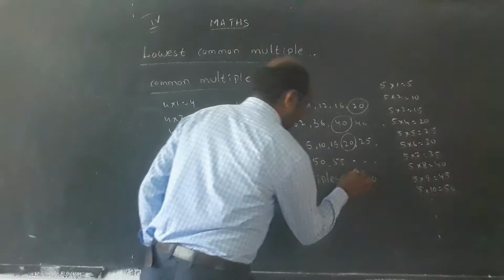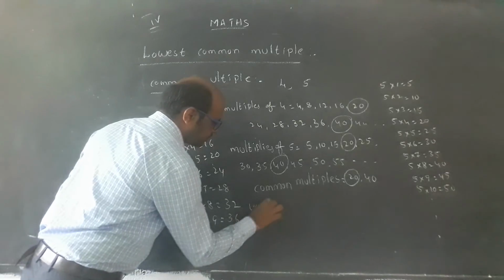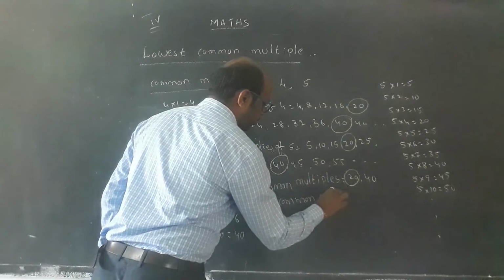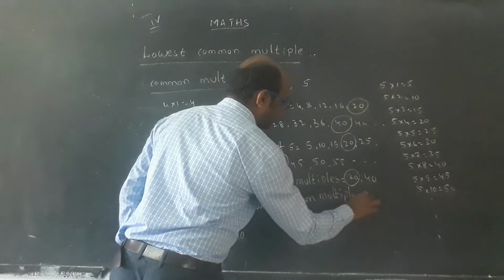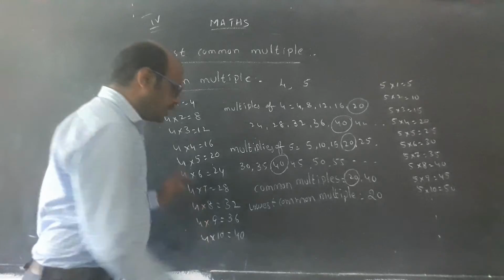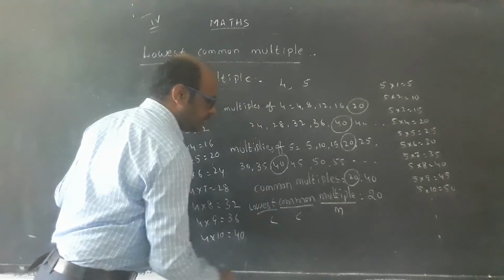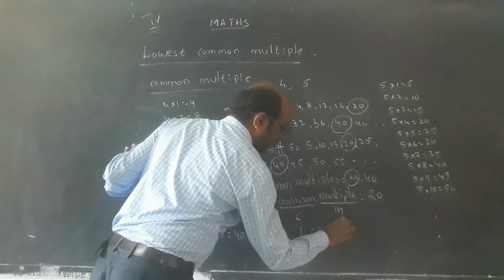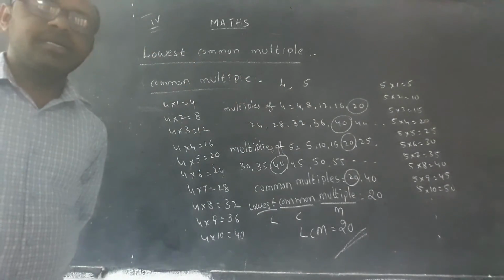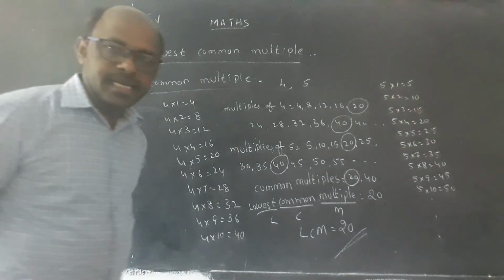It is 20. So the lowest common multiple is 20. See, lowest means L, common means C, multiple means M: L, C, M. LCM is 20. This is the way we find the lowest common multiple. Okay, children? Thank you.